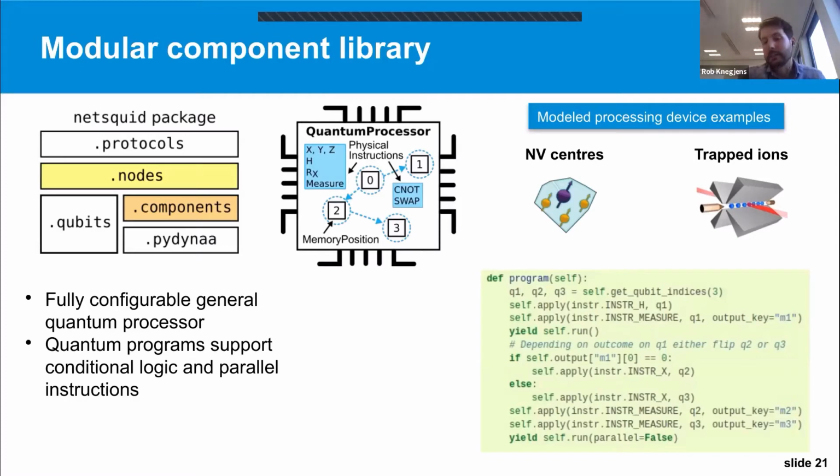And this is really like a circuit, but a little bit more in that it also supports conditional logic. You can run a mini circuit and then yield, get the result, and then depending on the result, proceed with your calculation. And you can inform the processor whether to run certain instructions in parallel.